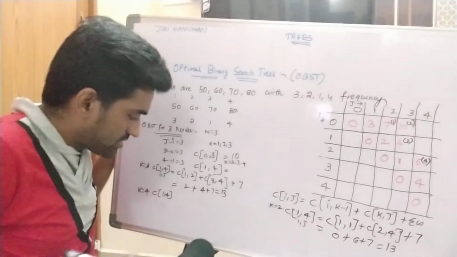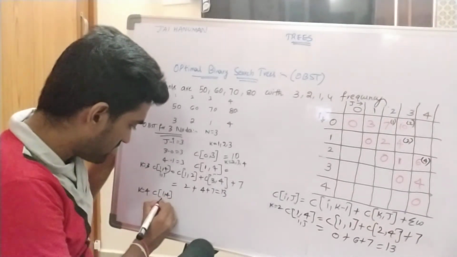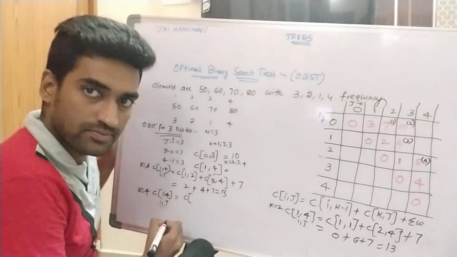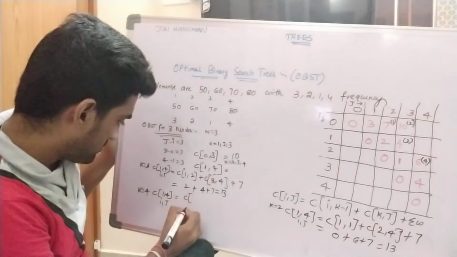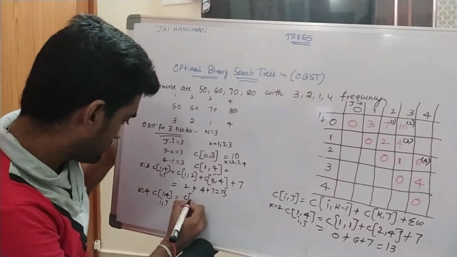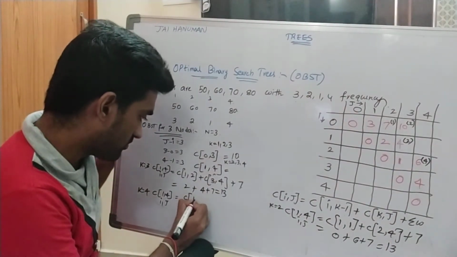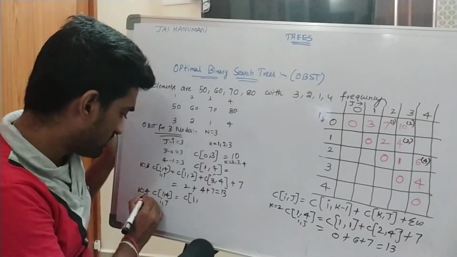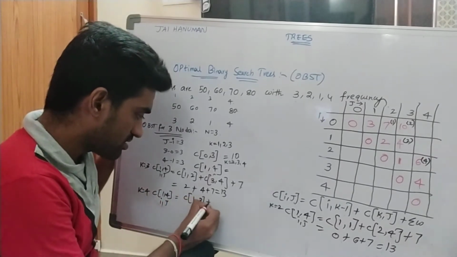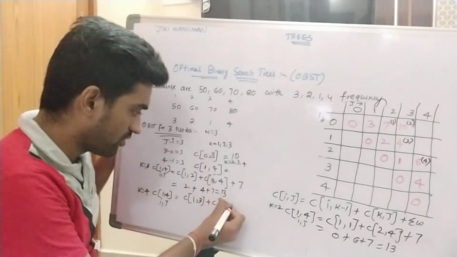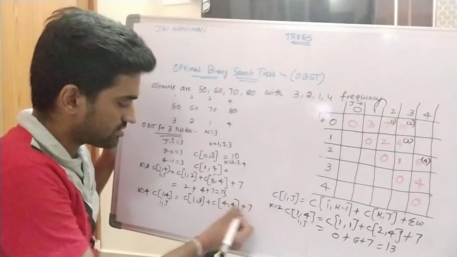When k is equal to 4, cost of 1 comma 4, this is i, this is j. So cost of i comma k minus 1, 4 minus 1, 1 comma 3, plus cost of k comma j, 4 comma 4, plus weight, which is 7.